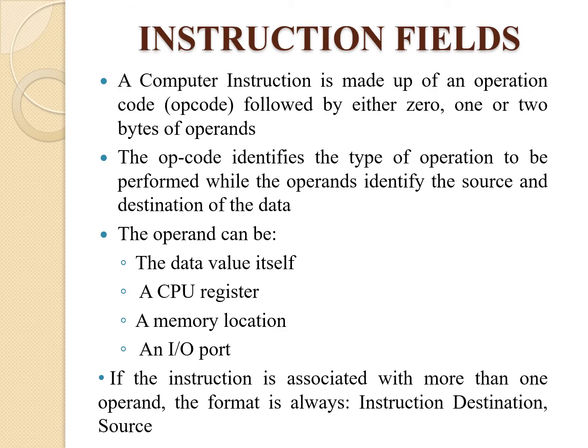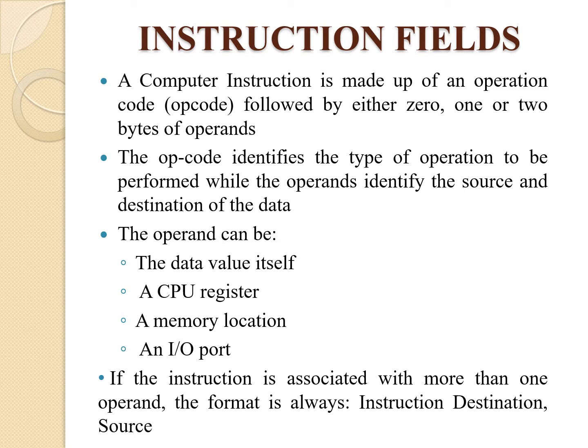Now first point, that is instruction fields. A computer instruction is made up of an operation code, which is also known as opcode, followed by either 0, 1 or 2 bytes of operands. The opcode identifies the type of operation to be performed, while the operands identify the source and destination of the data.